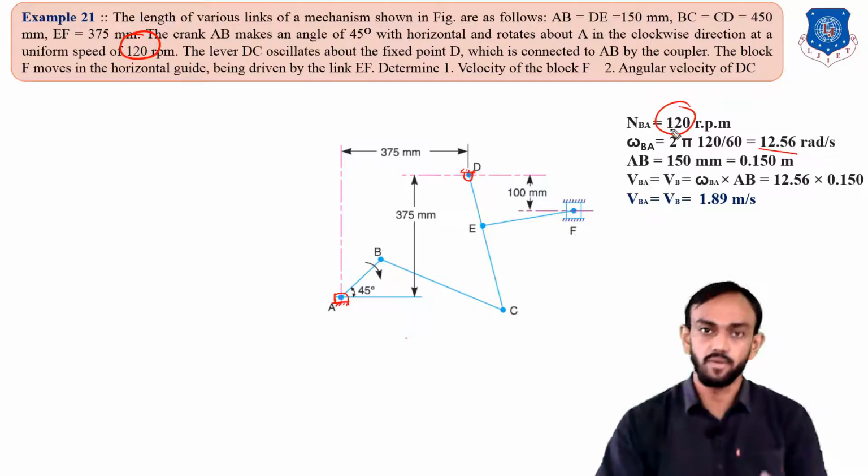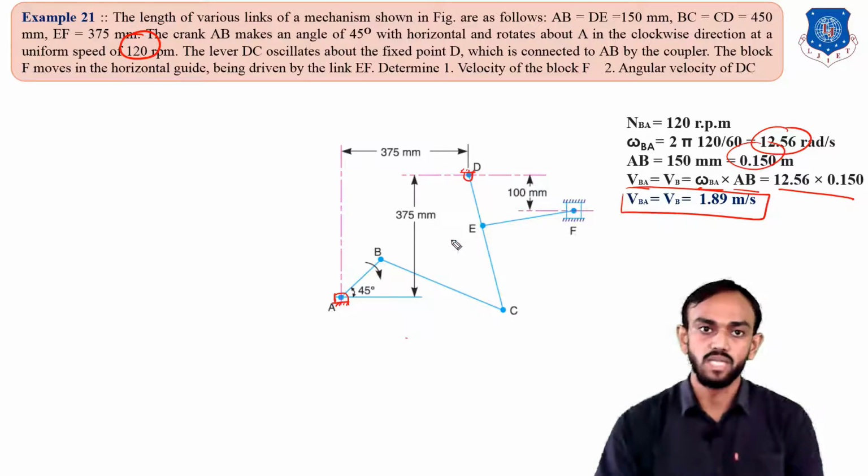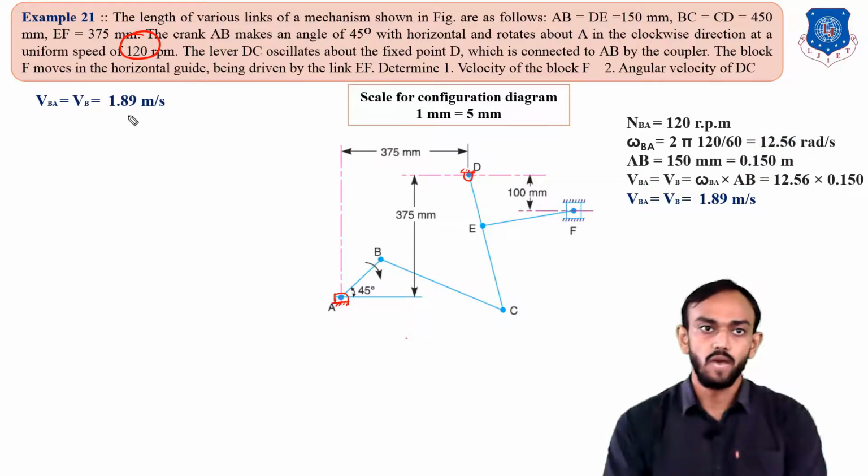So we will get the angular velocity, and the AB link is given here as 150 mm, so we take it in meters, because linear velocity is angular velocity into length of that link. So angular velocity 12.56 into 0.15 gives the linear velocity of link B with respect to A. Okay, 1.89. So now we know the velocity of one link, 1.89.